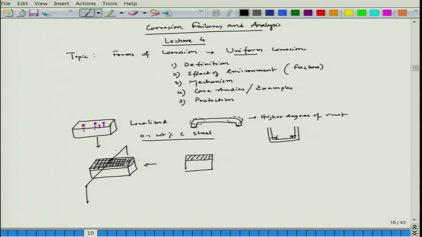So, this is the rust part, and the depth is almost the same throughout. For example, if it has gone 0.5 micron, it will be more or less 0.5 micron on an average. So, there is no localized tendency of the corrosion front to get into the material. So, of course, this is called uniform corrosion.